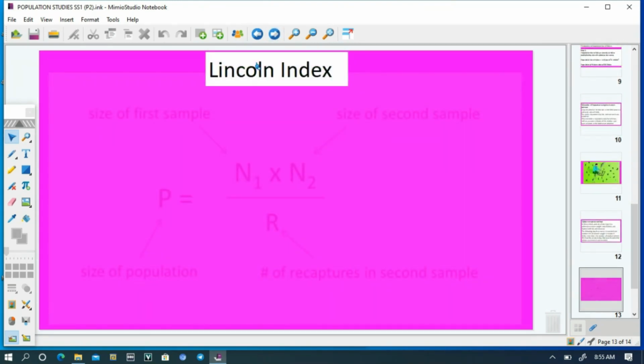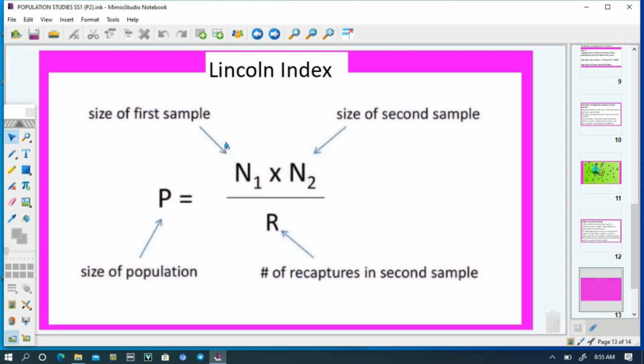The Lincoln Index is used to determine the population of organisms using the capture, release, recapture method. And the formula is: size of population equals the size of first sample multiplied by the size of second sample and divided by the number of recaptures in second sample.